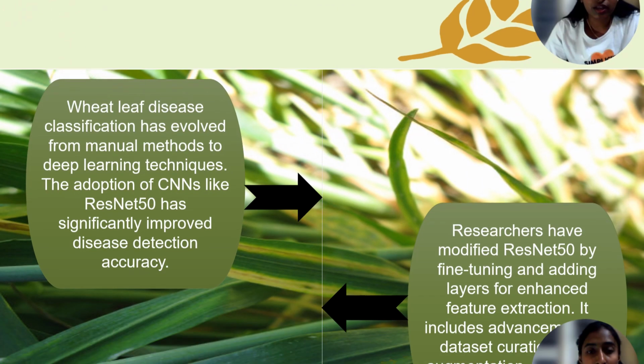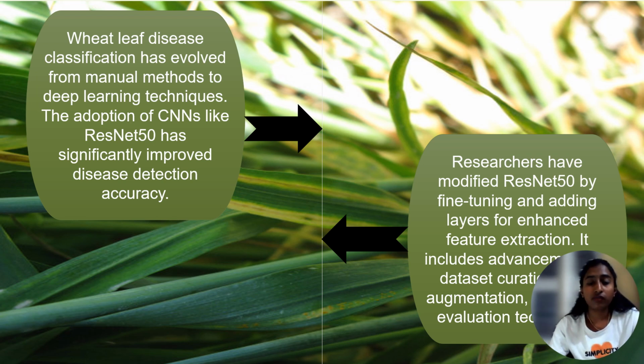Here the history is, first, wheat leaf disease classification has evolved from manual methods to deep learning techniques. A manual method refers to a process or technique that is performed by hand or using simple tools without the assistance of automated or electronic devices.